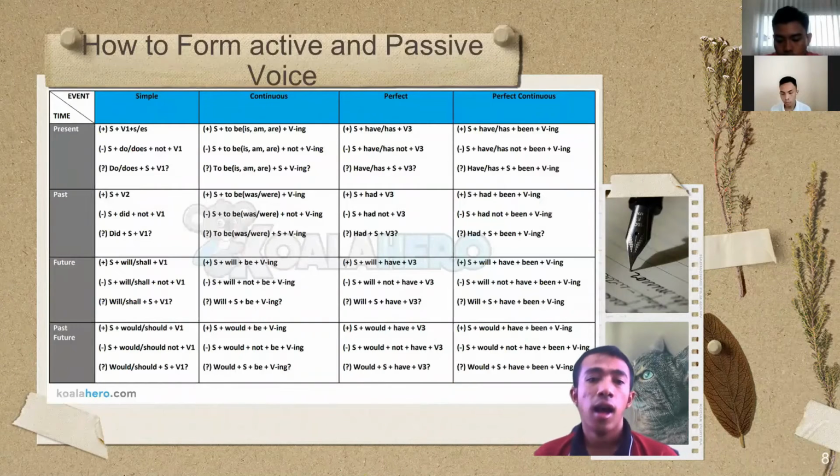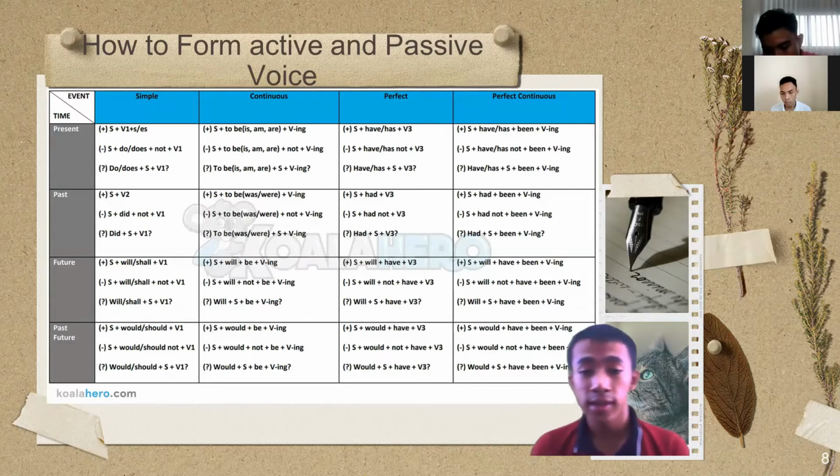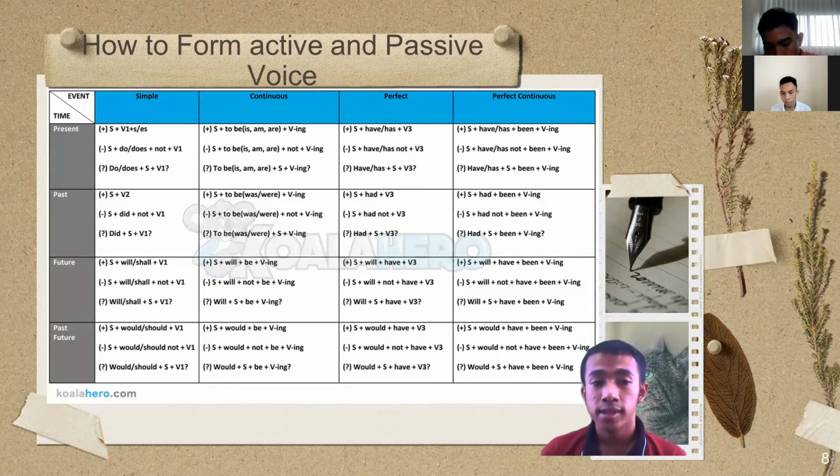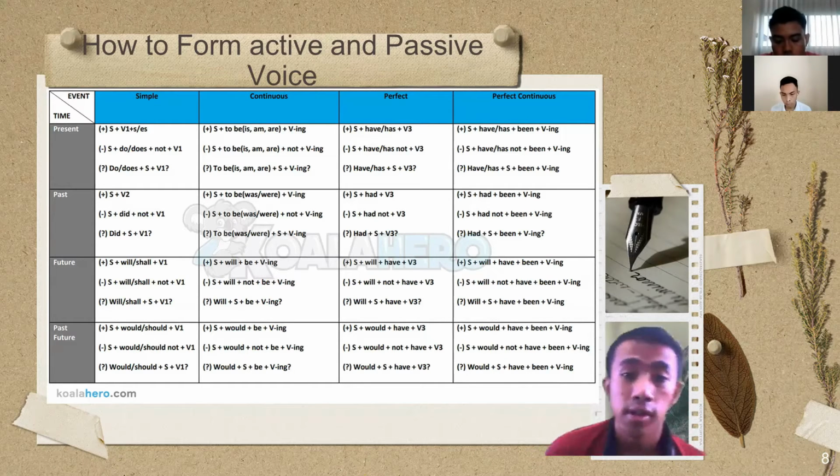Okay, next, how to form active and passive voice. You can see on the slide the active voice. I think you already know about the active voice. There are 16 active voice forms, the grammar forms.